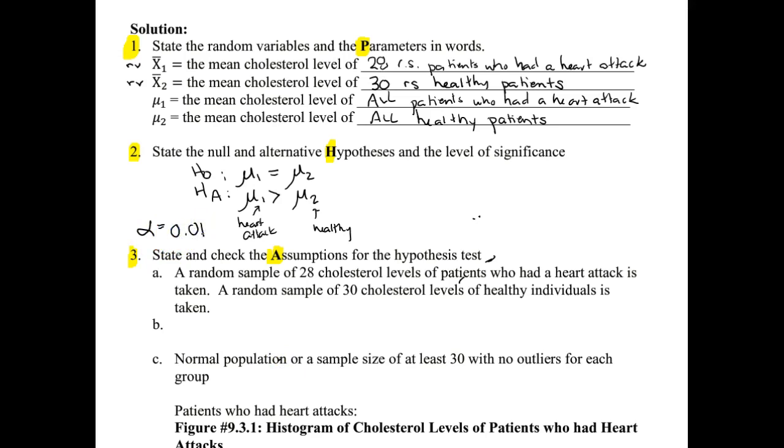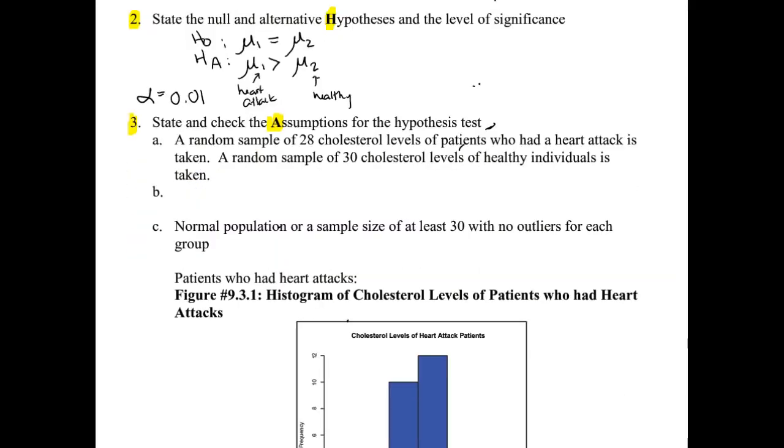All right, so A, we need to check our assumptions. Again, for all of these tests, we're going to assume we took random samples. So a random sample of 28 cholesterol levels of patients who had a heart attack is taken, and a random sample of 30 cholesterol levels of healthy individuals was taken. Okay, the second one, we need to have independent samples.